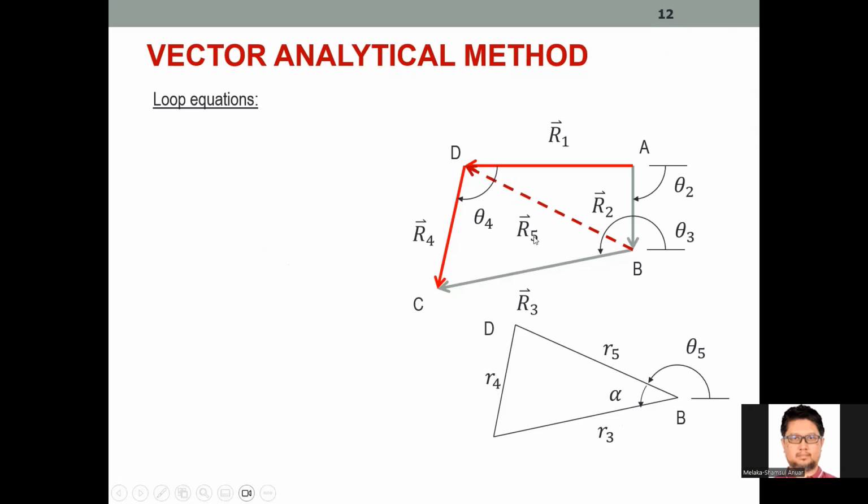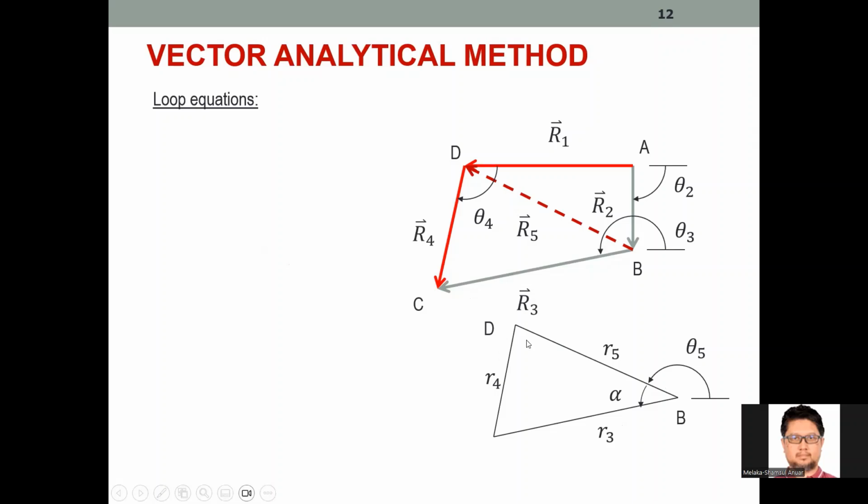In this situation, vectors R4 and R3 are not completely known yet, because their directions, their angles, are not determined yet.